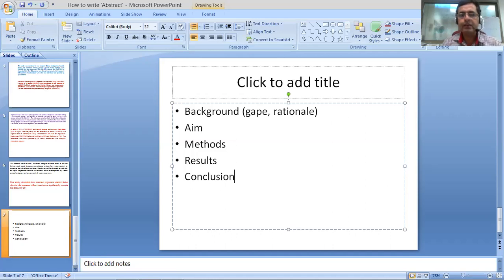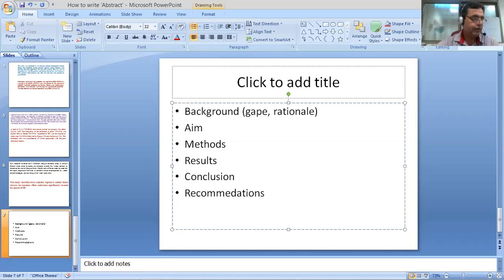So keeping in view all these different things, you can draw a conclusion of your study. And you can also give recommendations at the end. If the space or the format allows, then you can give 1 or 2 recommendations. But usually recommendations are at the end of the thesis.